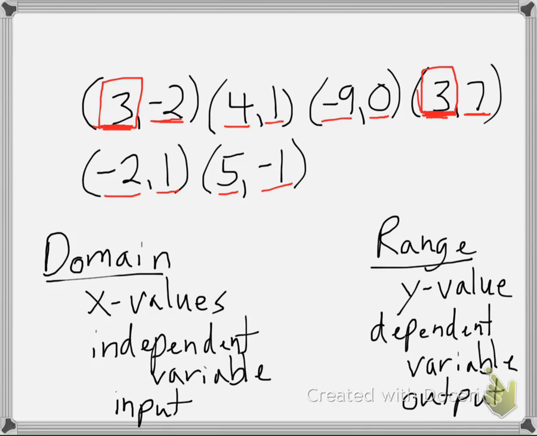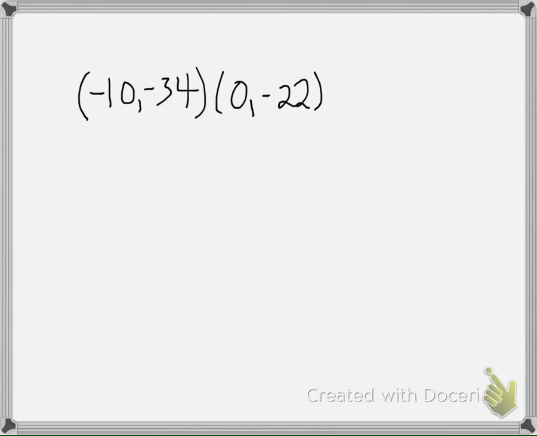Now there's a couple easy ways that you can check if something's a function or not. Let's say that we have these values. If you'll look, this is example 1 on your notes. So we have -10, -34, 0, -22, 10, -9, and 20, 3.